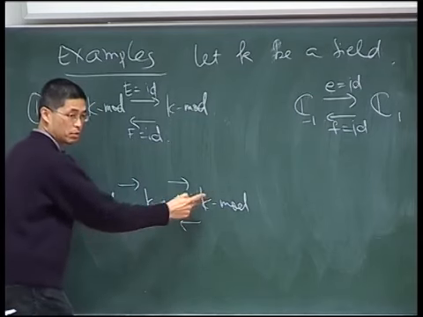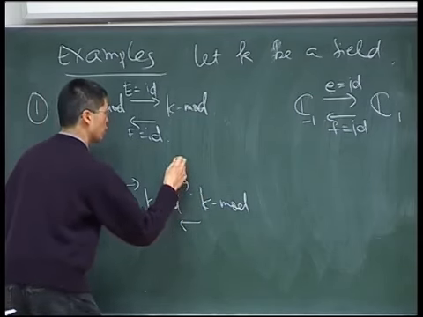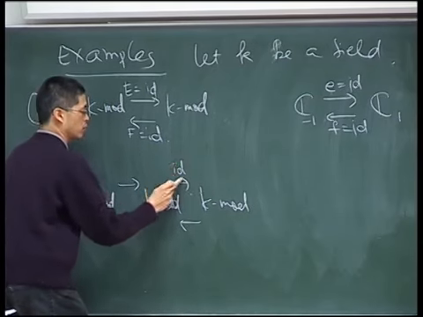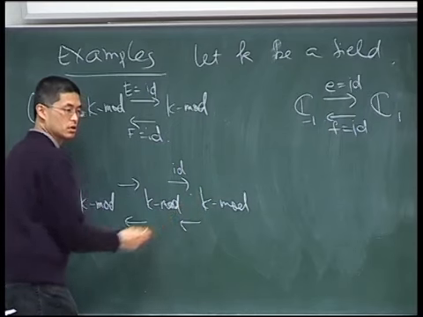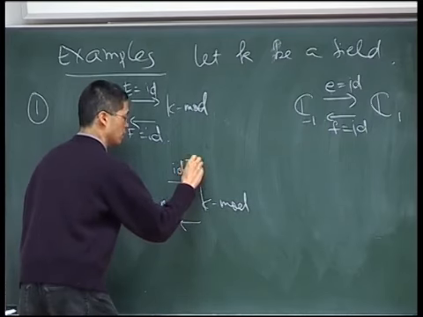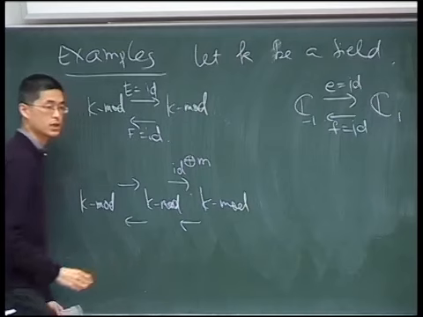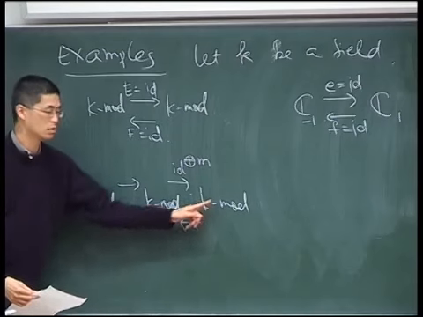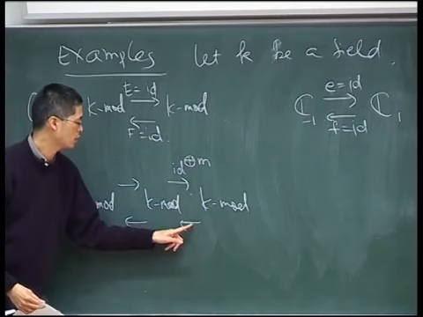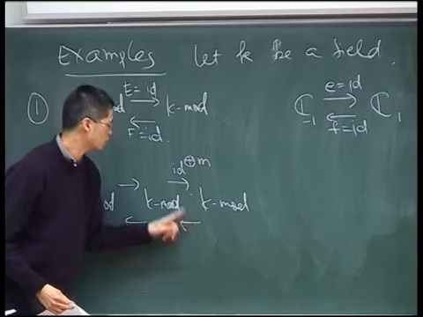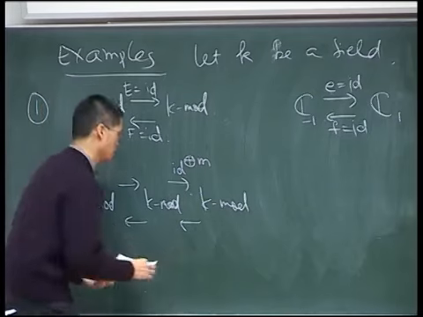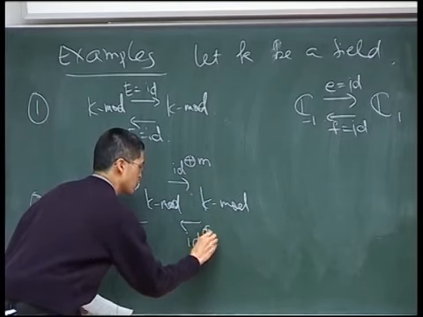Well, since these are semi-simple categories, the only choice we have really is some direct sum of copies of the identity functor. Okay, so this is just going to multiply the dimension by some integer m, say. Okay, this is the only possible choice. And of course, then this one, since we asked it to be adjoint to this functor, will also have to be the identity that number of times.